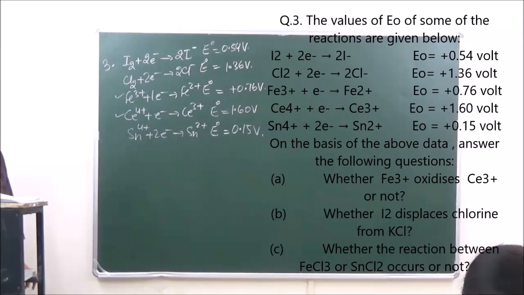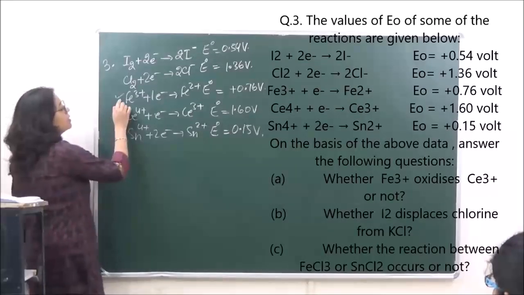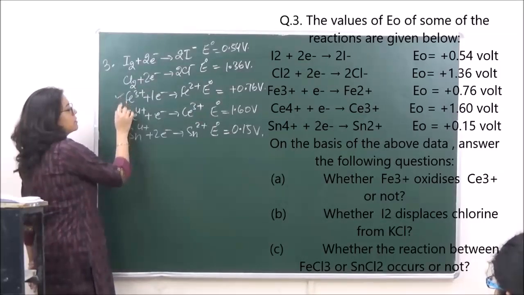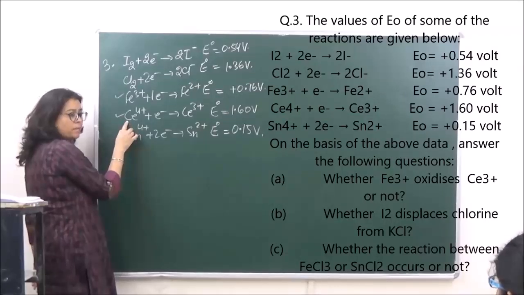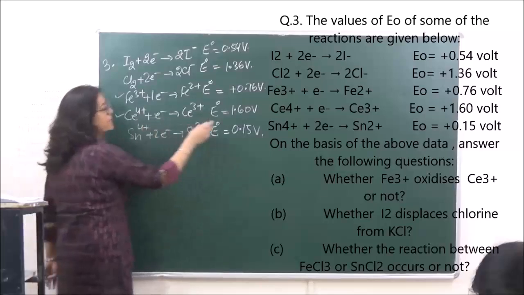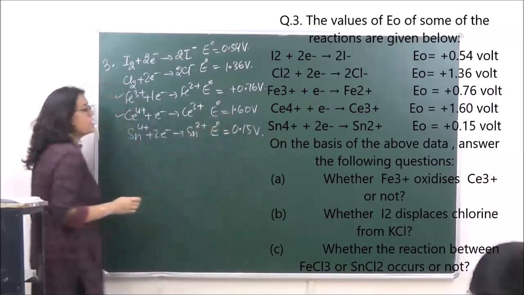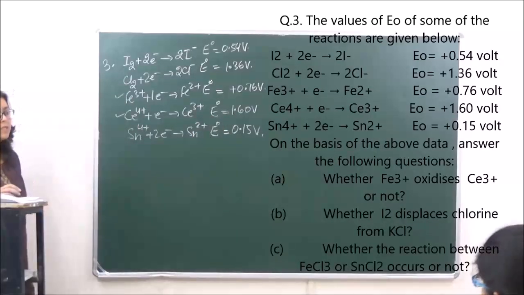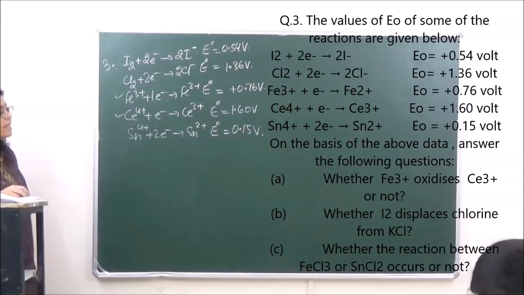It's minus 1.60. Achha, all reduction potentials are given. Now if oxidation of cerium has to take place, in that case the value of E0 for this should be minus 1.60, if we are taking in terms of reduction potentials, isn't it?